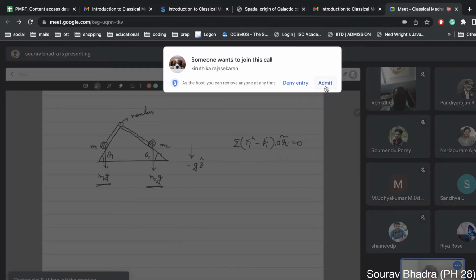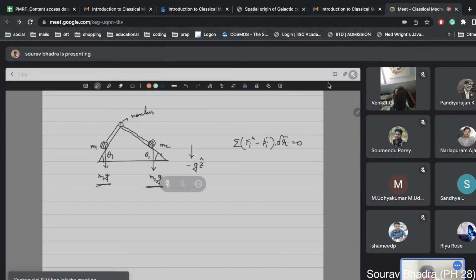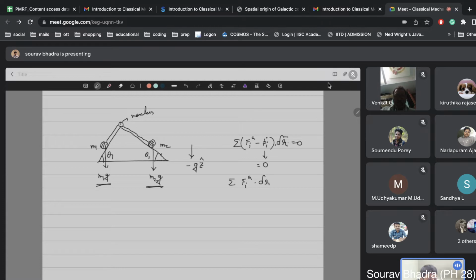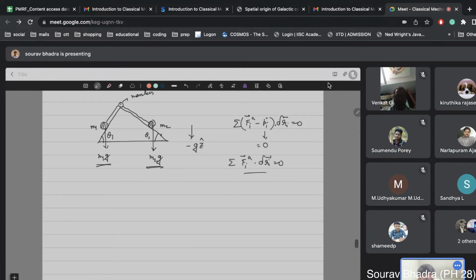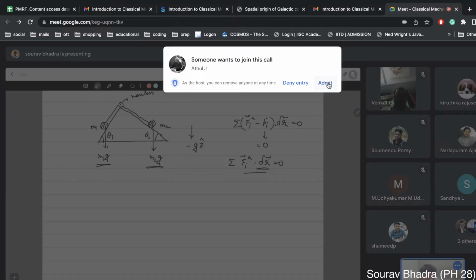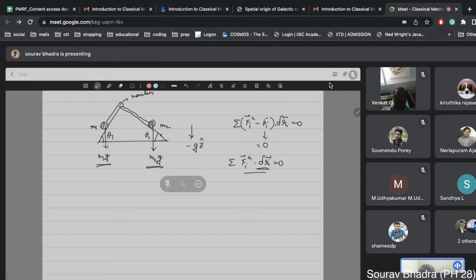There is no other force acting on the system. So Pi dot will be 0 for this system, and the equation is only Fi^A · delta Ri = 0. These are vectors.